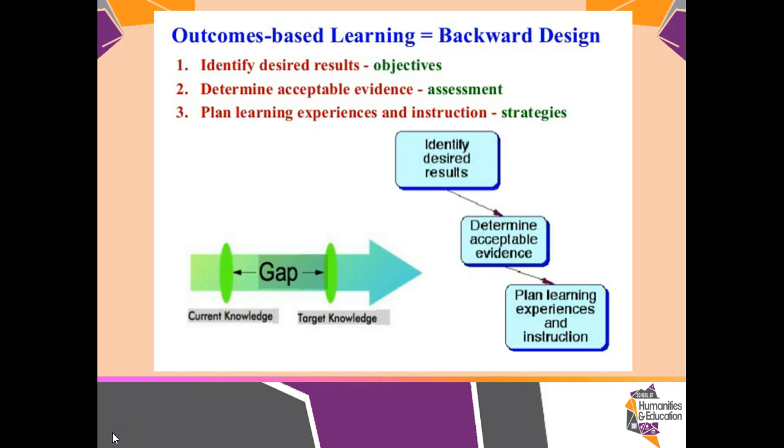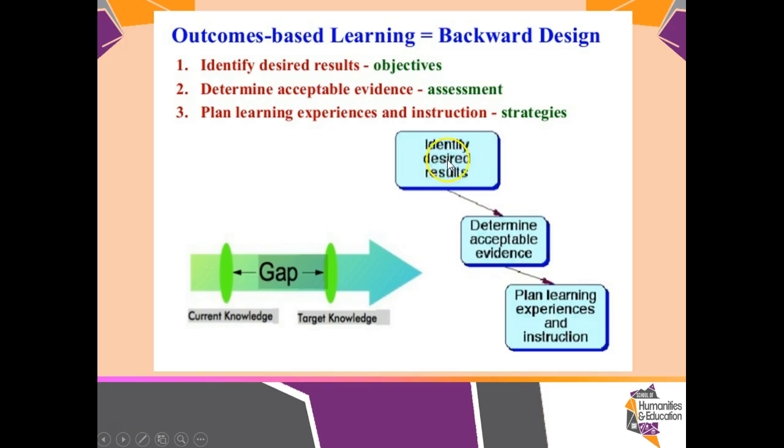In the backward design model of the curriculum, you start with the results and work backwards. Therefore, you identify desired results, objectives, you determine acceptable evidence, the assessment, and you plan learning experiences and strategies.